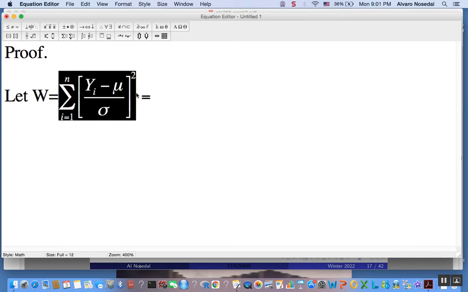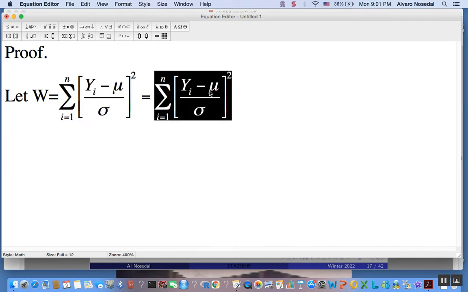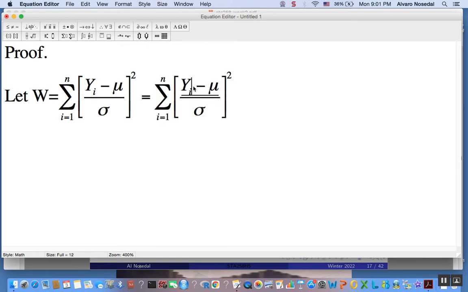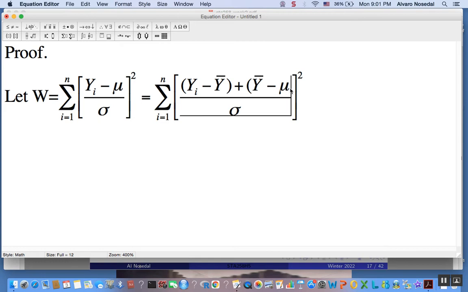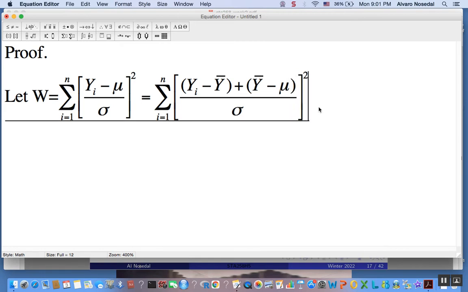In order to introduce that y bar that we need, we are going to be doing something that is very popularly done in math. We are going to be adding a 0. We need a y bar, so add and subtract that guy. We're adding a 0, and now that guy appears. No problem, it's just a 0. We haven't done anything illegal.